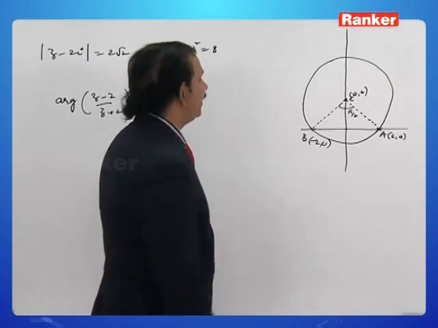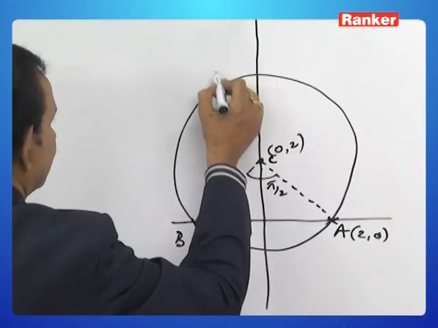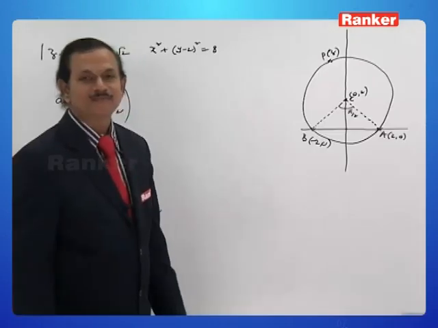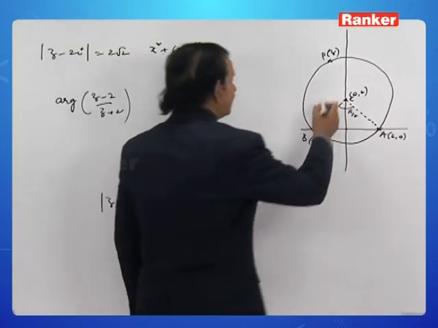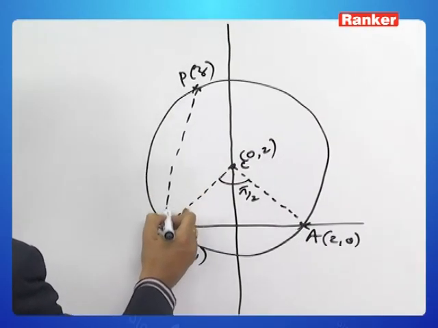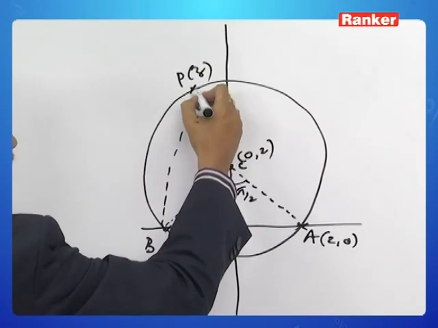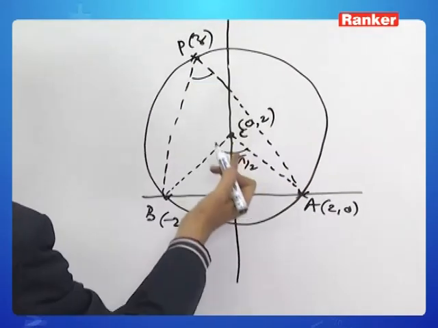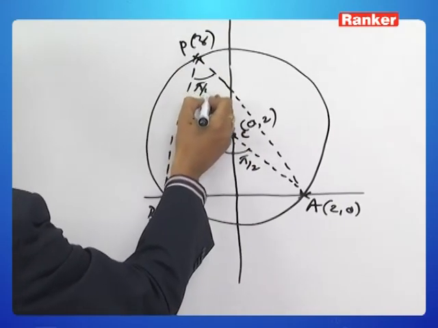Now, let P, say Pz, be any point on the circle. Look here, as this is pi by 2, the angle subtended by the chord AB at P automatically will be half of this, that is pi by 4, isn't it?